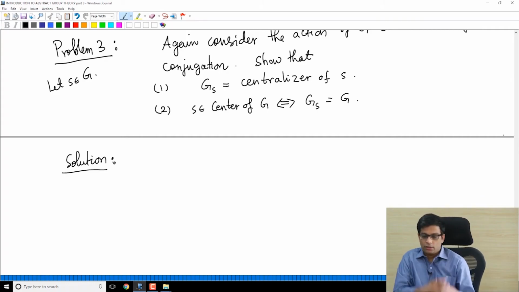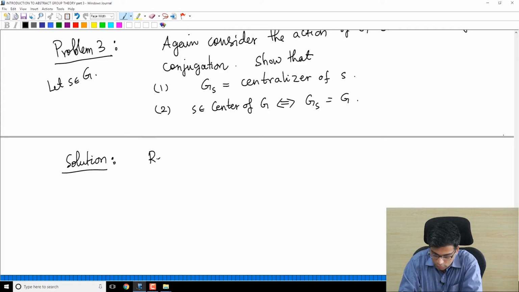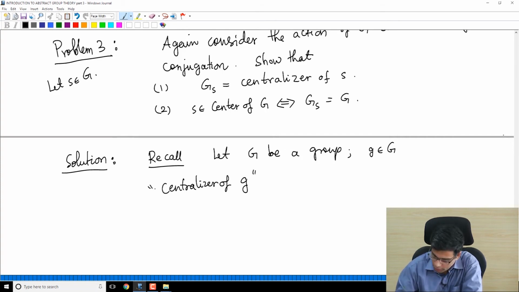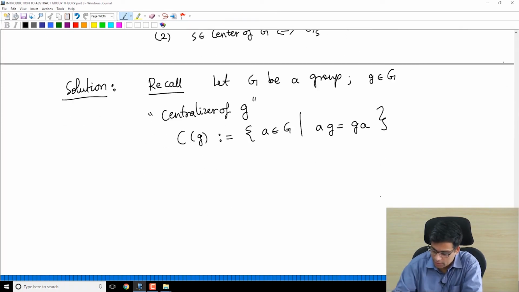So I am asking you to show that the centralizer of s. So I am going to recall, let G be an arbitrary group, and let's take g in G. The centralizer of g, which I have denoted by C of g, I think, is all elements which commute with g. So a in G such that ag equals ga. Remember, this is the same as saying that a in G such that a g a inverse is g.